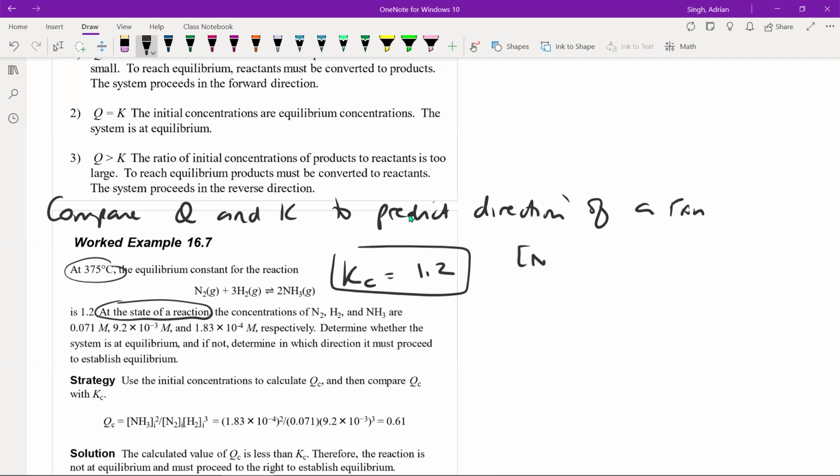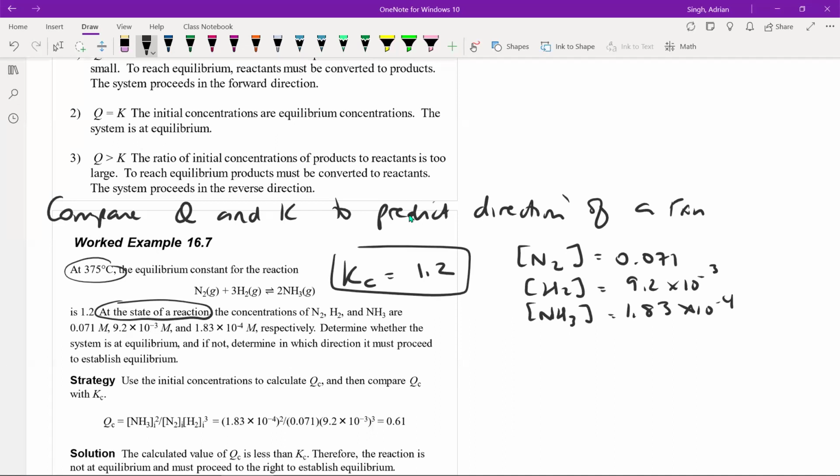N2 is 0.071 molar, H2 is 9.2 times 10 to the negative 3 molar, and NH3, the ammonia, is 1.83 times 10 to the negative 4 molar. Determine whether the system is at equilibrium. If not, determine in which direction it must proceed to establish equilibrium.